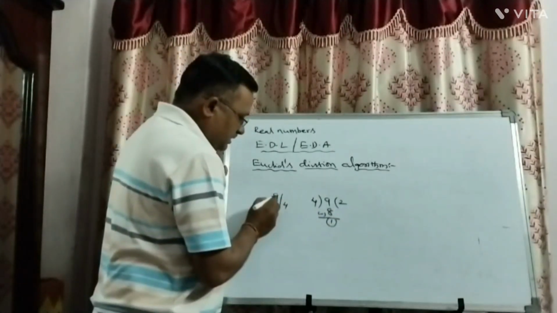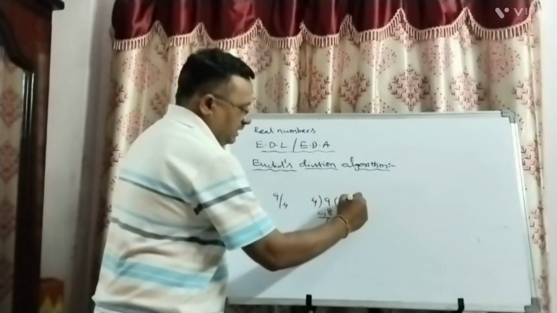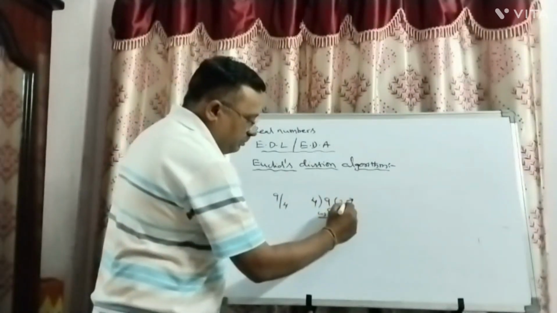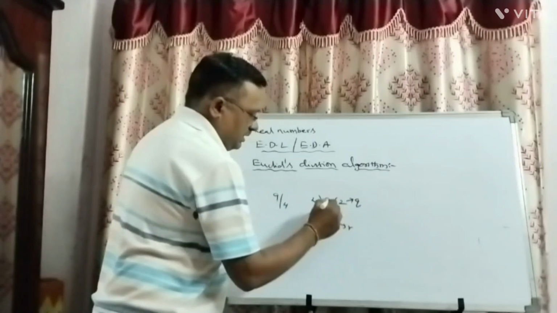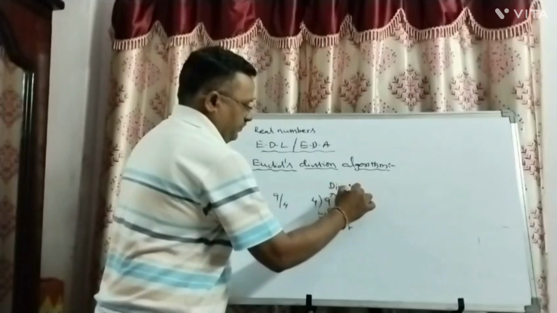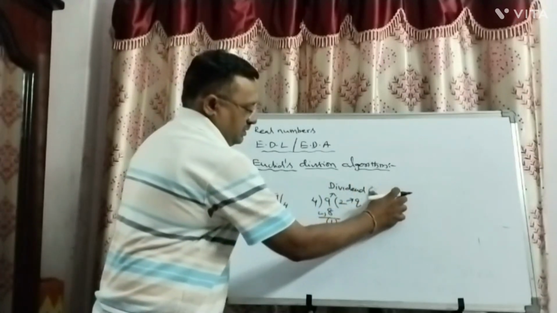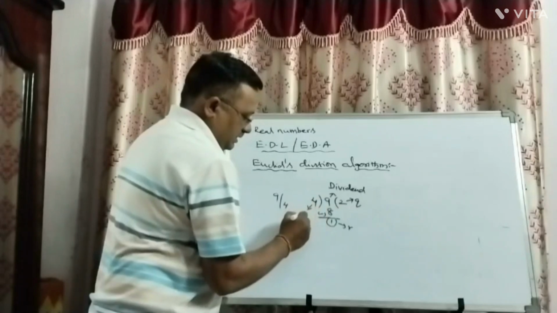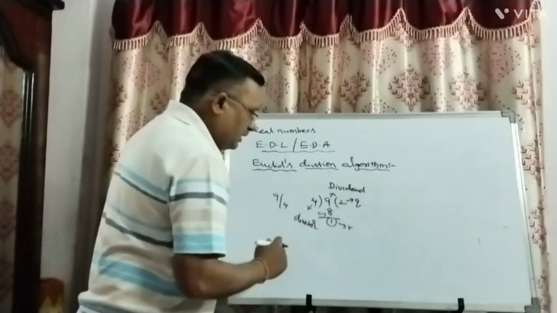So if 9 is the dividend and 4 is the divisor, related to them we will get another unique pair of numbers, 2 and 1, 2 as the quotient, 1 as the remainder, where 9 is the dividend and 4 is the divisor, right?